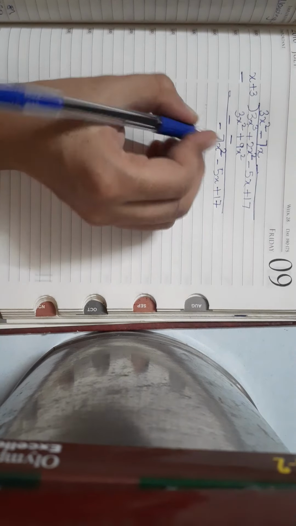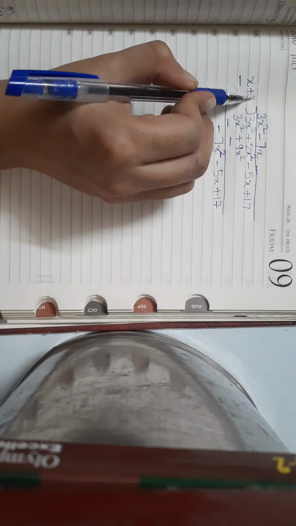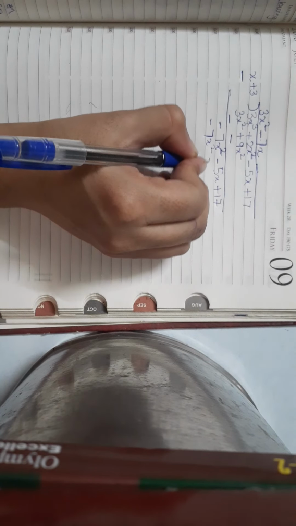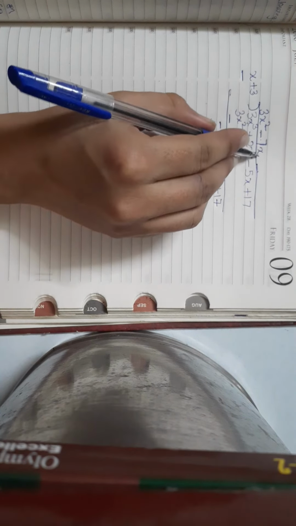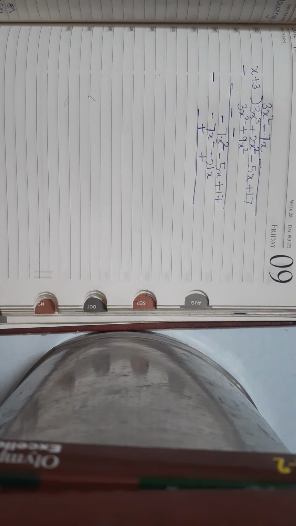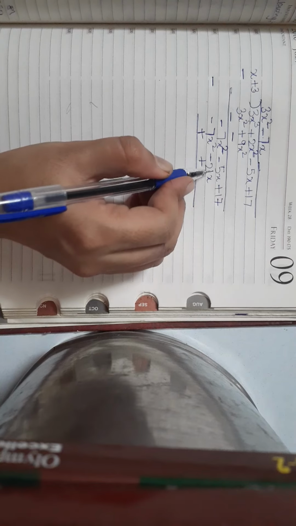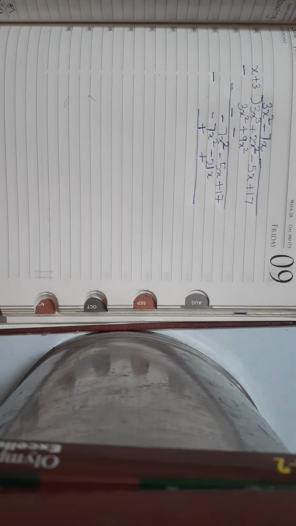So now it has become minus 7x square. 7 3s are 21, and 1 into x is x. Original minus sign outside, this becomes plus, this becomes plus, this and this get cancelled off. Now here minus 5 plus 21, minus and plus becomes minus.